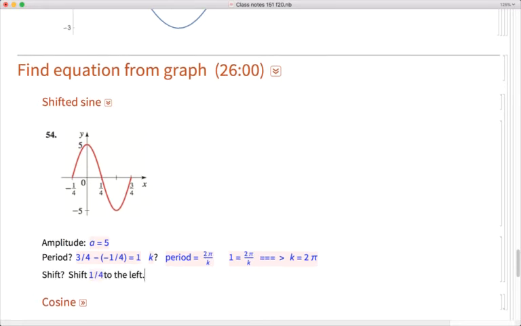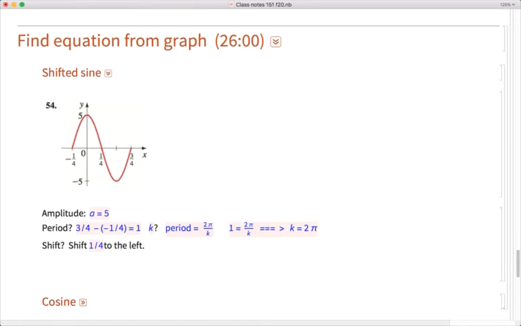So what that suggests is that a formula for this graph is going to be y equals 5 sine 2 pi, that was my k value. So that's the amplitude and period taken care of. And now I want to do the shift. To get the shift, I need to replace the x with x plus 1/4, since I want to go to the left.